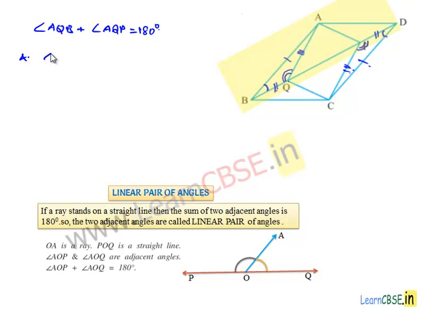here if we consider line QPD, also angle QPC and angle CPD form a linear pair. So sum of angles on a linear pair is equal to 180 degrees.